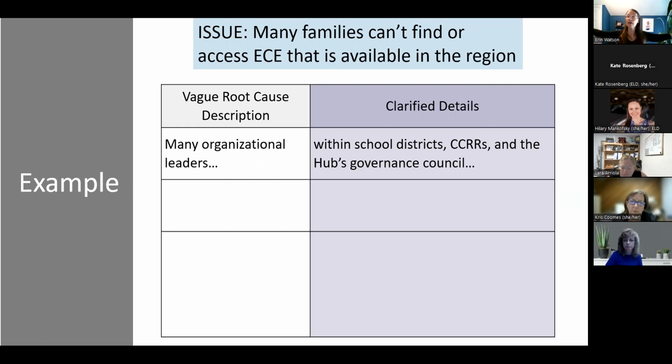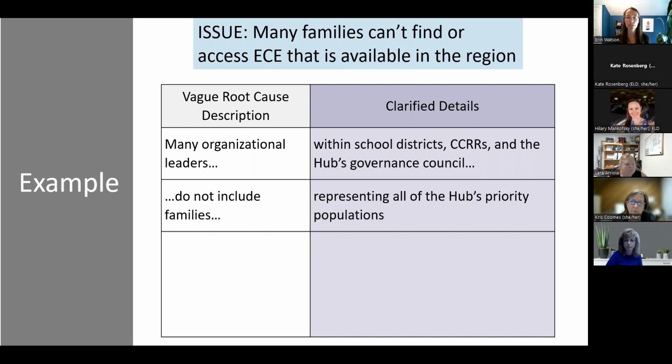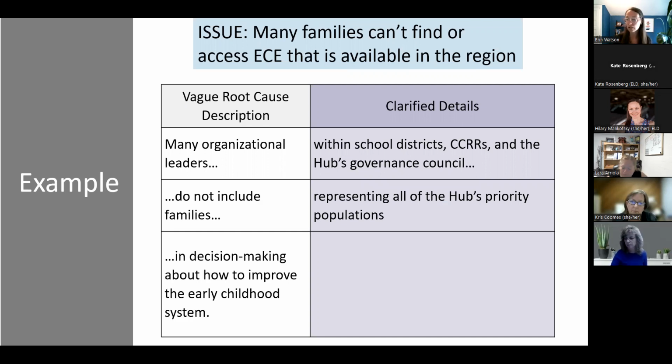There may be many other leaders, but part of this is also prioritizing where we want to start. Okay, which families aren't included? We're going to focus on the hub's priority populations because that seems to make the most sense for our issue and our ultimate objective. In what decision-making?